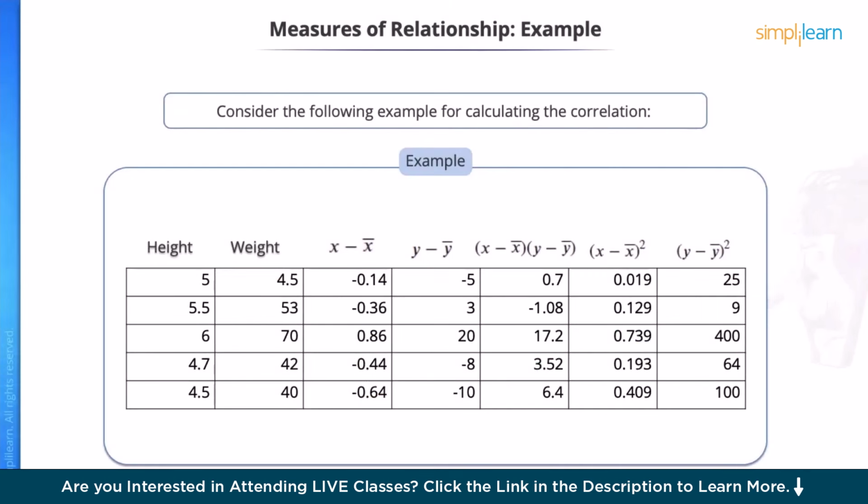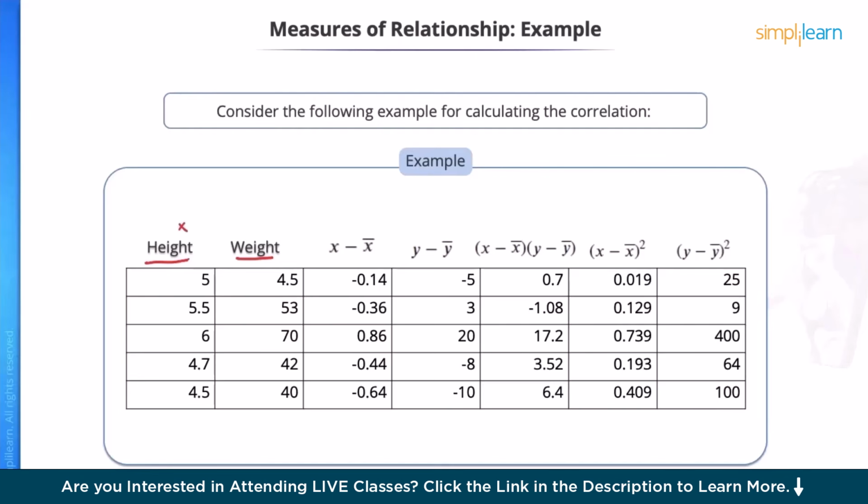Let's consider an example. Here, we have two variables, height and weight. To compute the correlation between height and weight, we use the correlation formula as covariance of x and y divided by the standard deviation of x and the standard deviation of y.